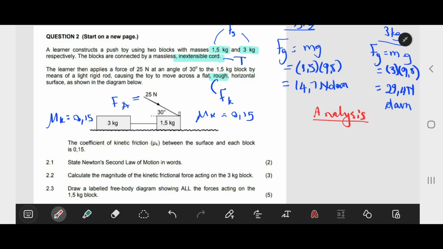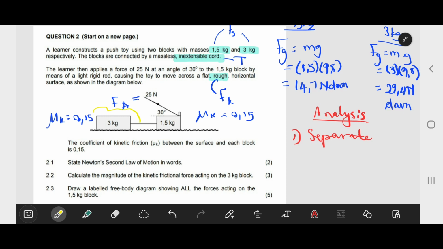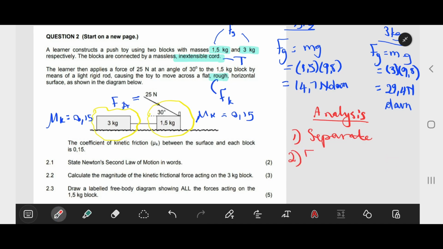So for our analysis, step number 1, we separate. When we separate, it means we will be applying Newton's laws on this object and on this object separately. Then step number 2, we draw our free body diagram for each object, the 3 kg and the 1.5 kg.